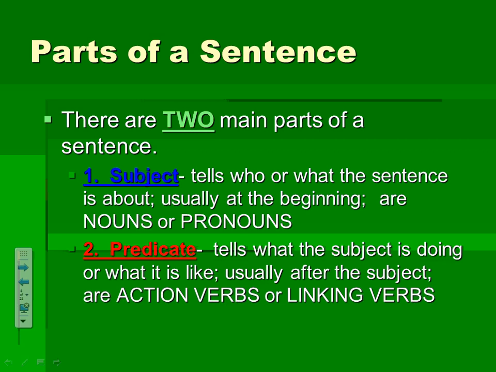It can also describe a state of being, and it's usually after the subject. Usually. That is the normal pattern sentences follow, but not all sentences obey that rule. So keep that in mind. And as we just discussed, they are action verbs or linking verbs typically. If you need to pause this for more time, go ahead and do so. Hit play when you're ready to continue.